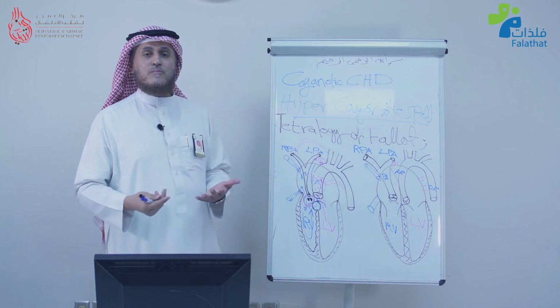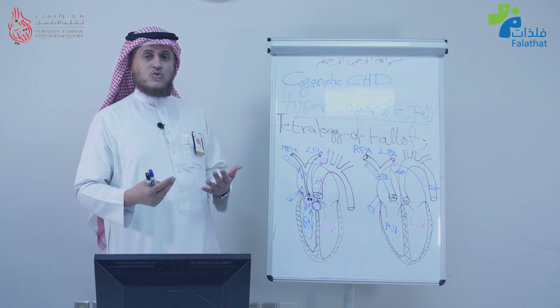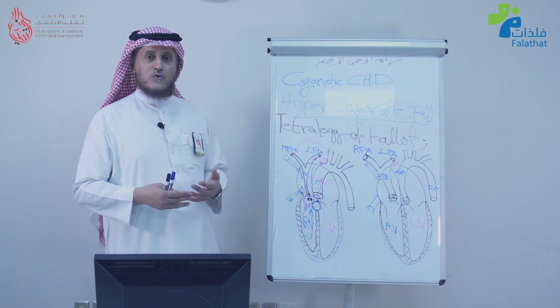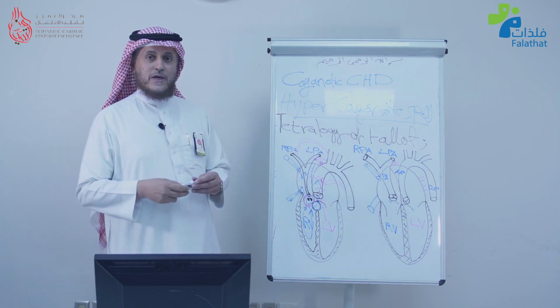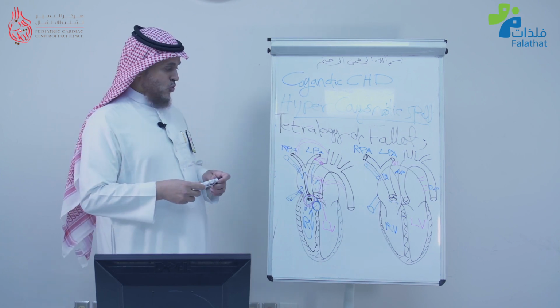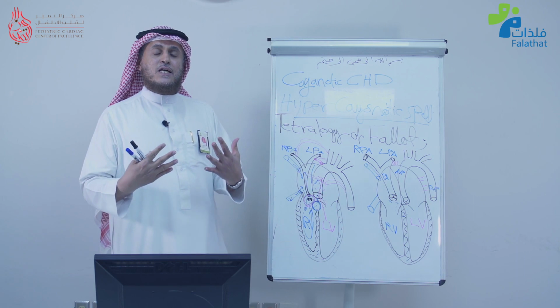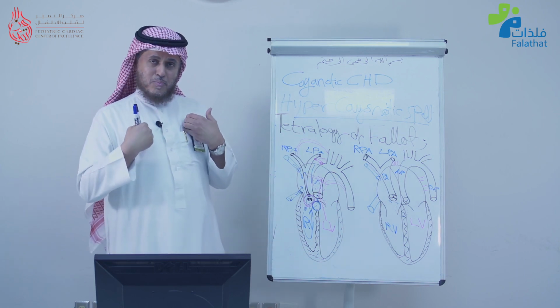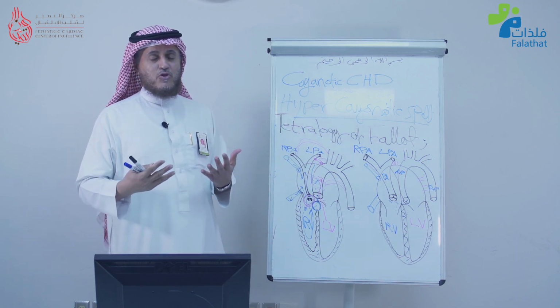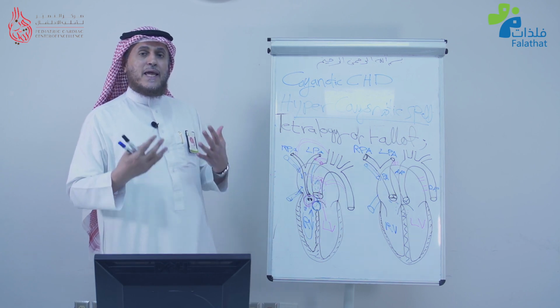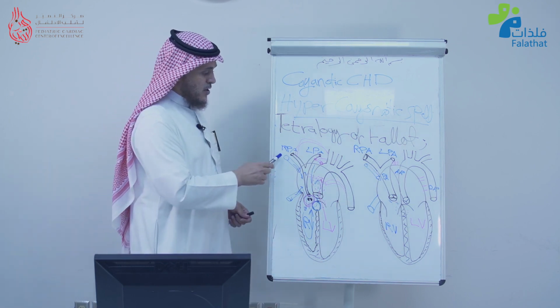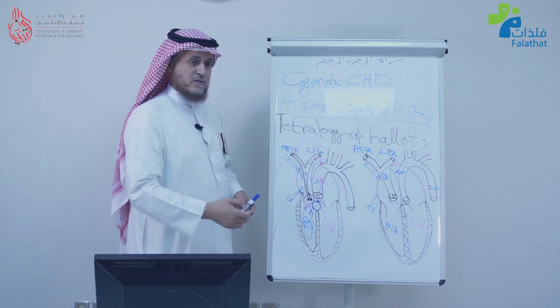This is your normal response for acidosis, to clear away CO2 and decrease HCO3. And by doing that, the baby is activating the thoracic pump. What is meant by the thoracic pump is that you are actually increasing the venous return back to the heart.